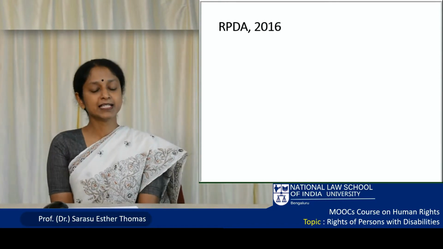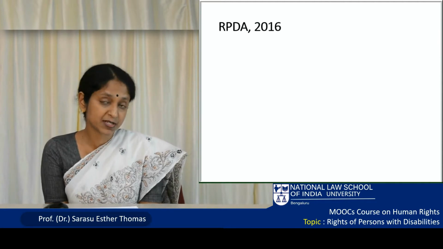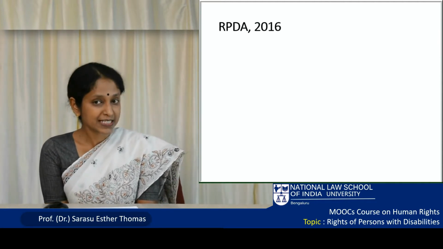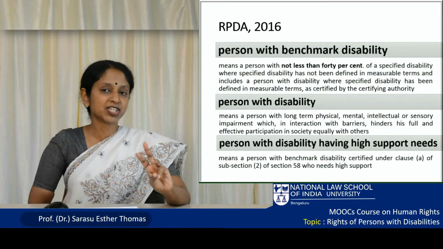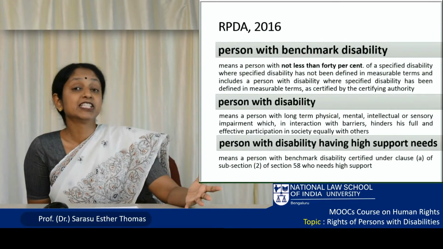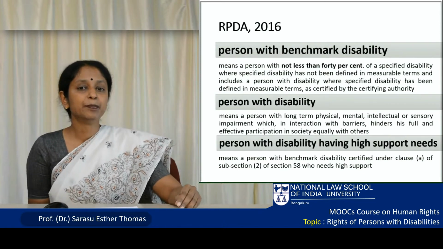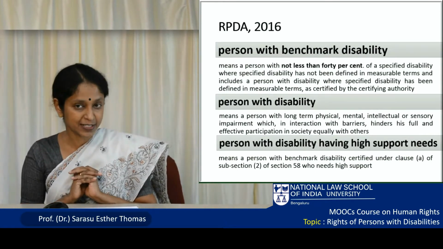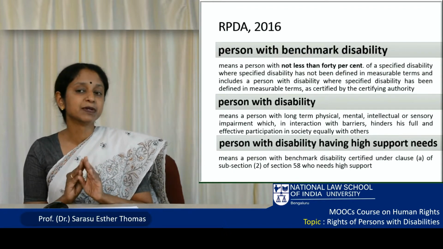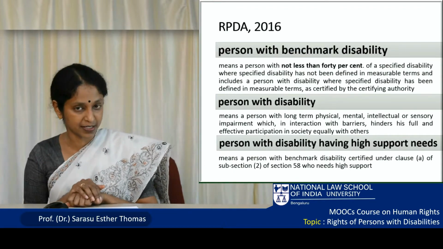So when we look at the Rights of Persons with Disabilities Act 2016, we see that it uses different kinds of terms. I'm just mentioning 3 terms here. Person with benchmark disability, which means a person with not less than 40% of a specified disability, where the specified disability is not being defined in measurable terms already.